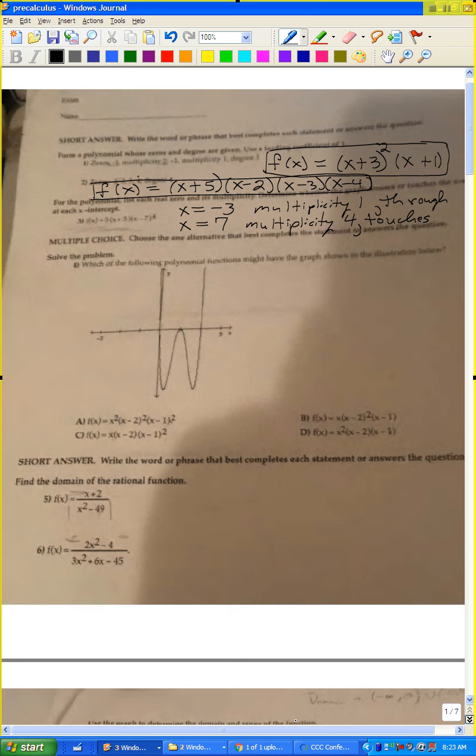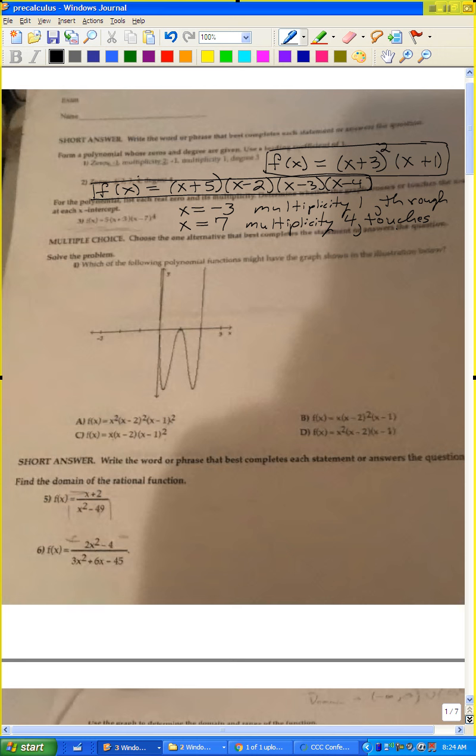Choose the one alternative that best completes the statement or answers the question. Okay, so solve the problem. Which of the following polynomial functions might have a graph shown in the illustration below?